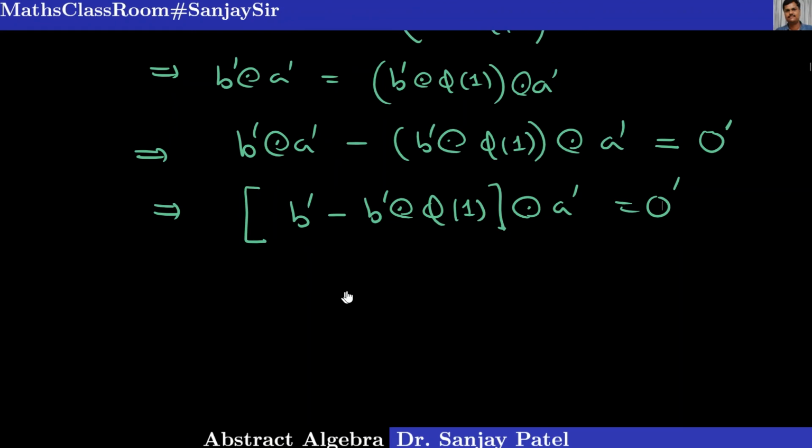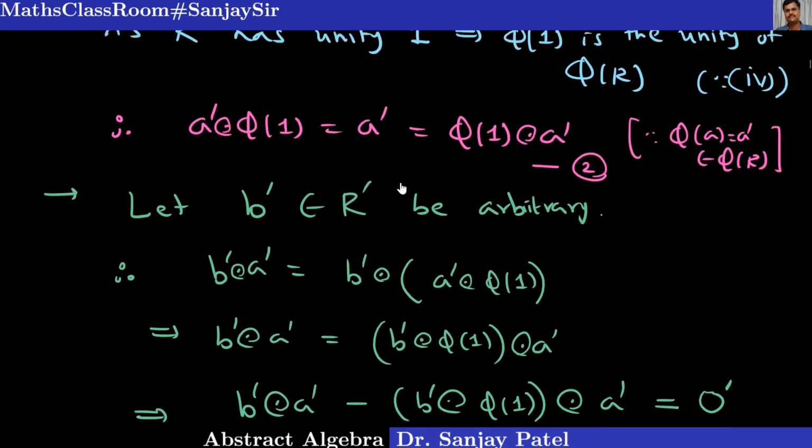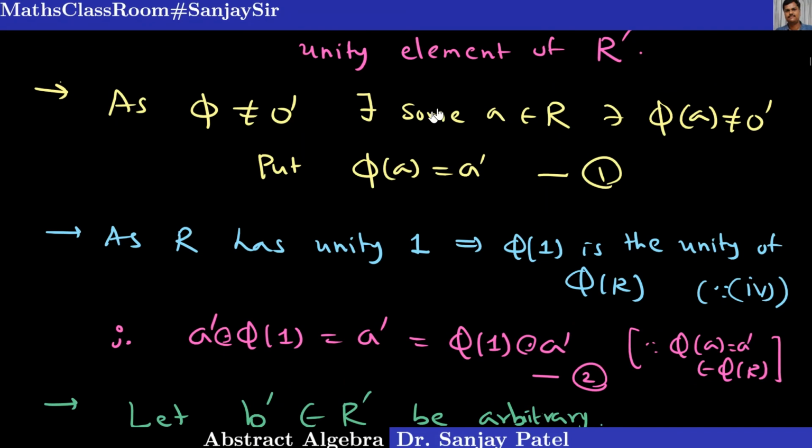Now, what is a'? a' is the value of the function at a here, and it is not 0 because phi of a is not equal to 0', so a' is also not 0.